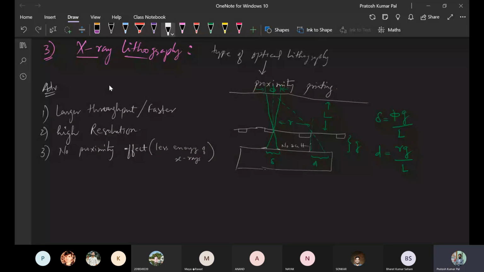Also, another advantage of X-ray lithography is that X-rays basically do not absorb any dirt. In the case of electrons, they were able to attract the dirt, so there is a chance of contamination.